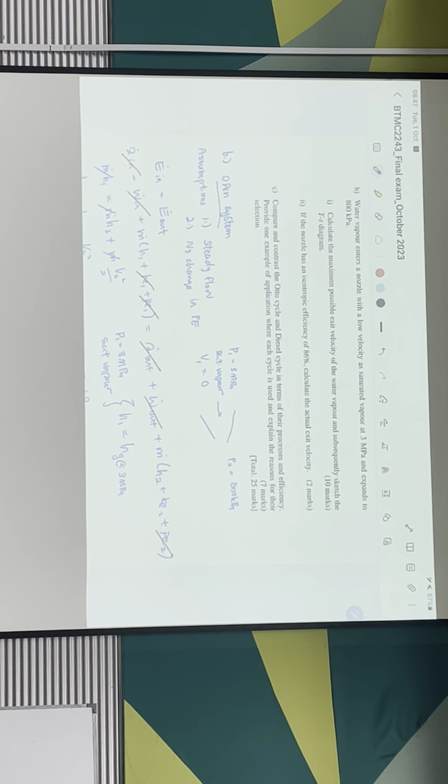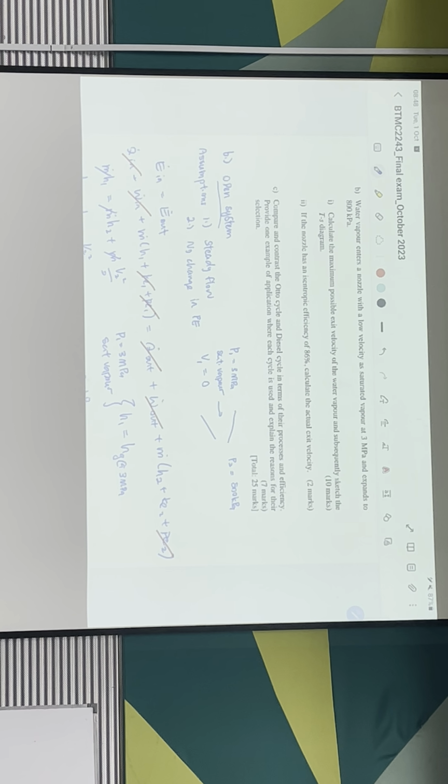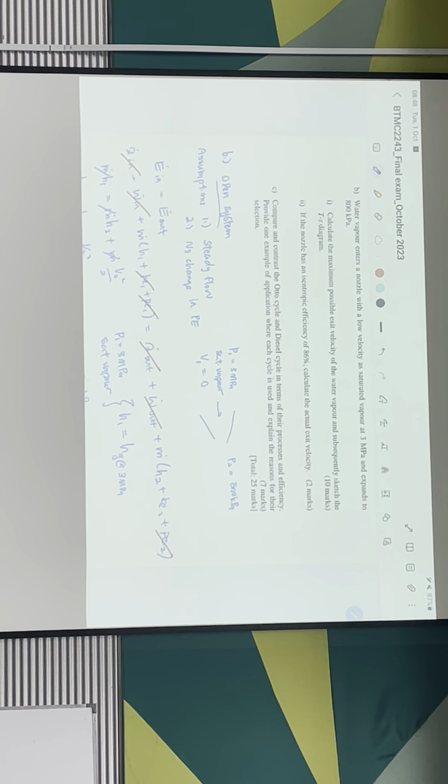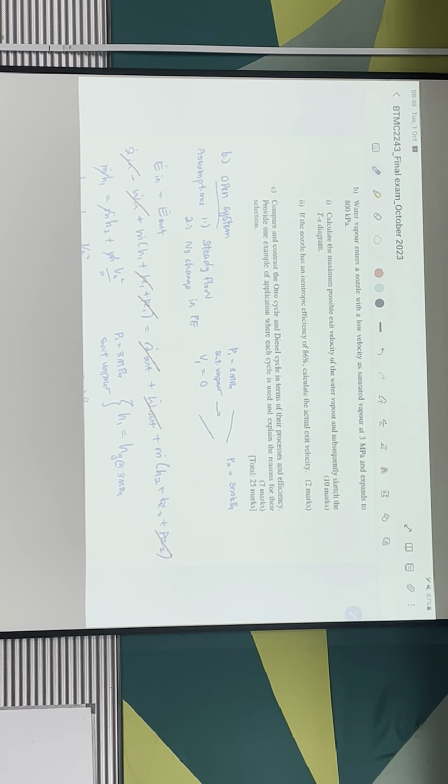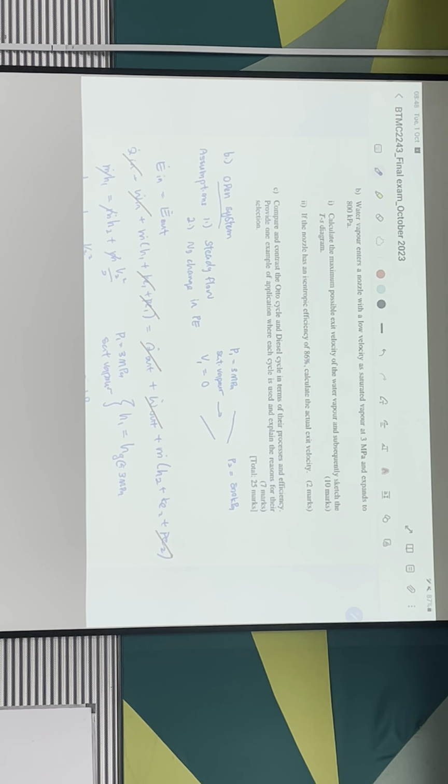So what do you need to do in A? If part 2 tells you that this nozzle has an isentropic efficiency of 86%, then you need to calculate a new velocity.